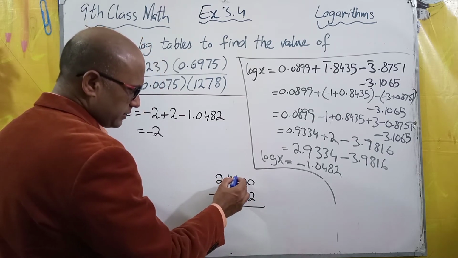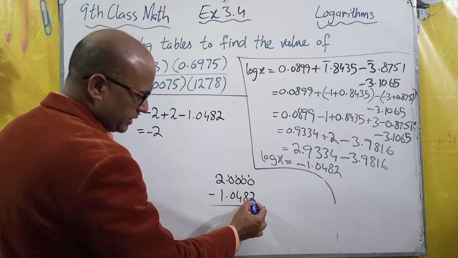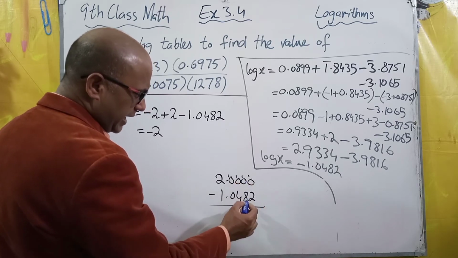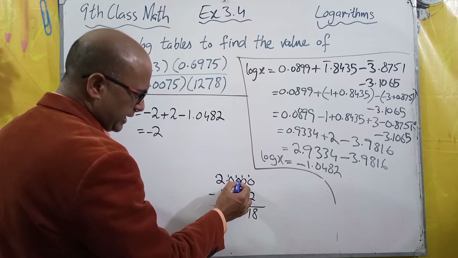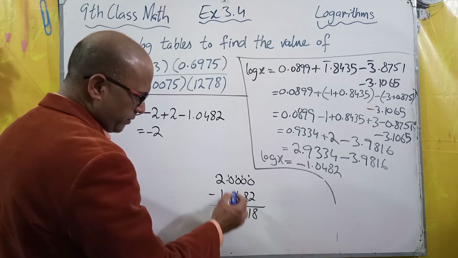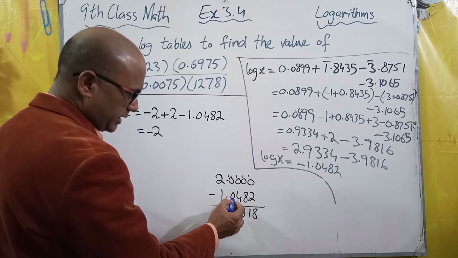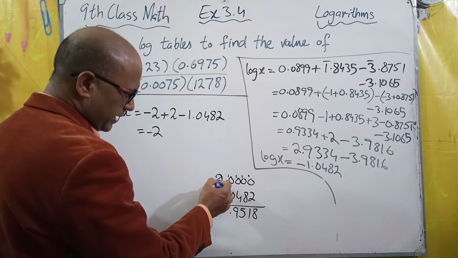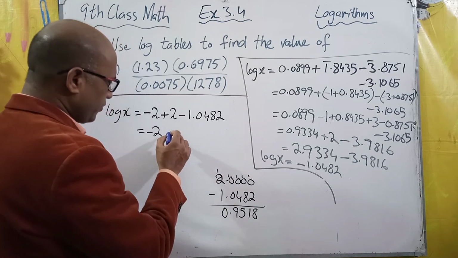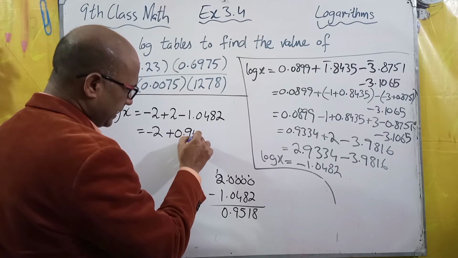If we borrow 1 from this number 2, we'll get here 10. 10 minus 2 is 8. 9 is left here. 9 minus 8 is 1. 9 is left here also. 9 minus 4 is 5. 9 is left here also. 9 will be written as it is because there is 0 under it. And 1 is left here. 1 minus 1 is 0. So the number we get is a positive number, a number with the plus sign.